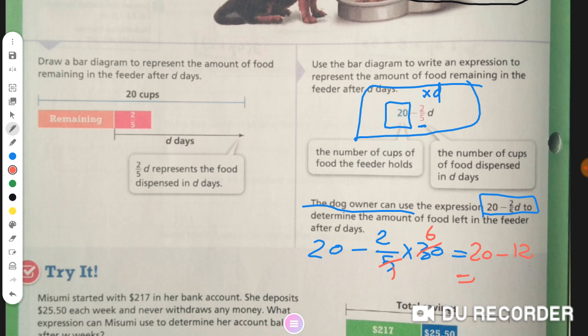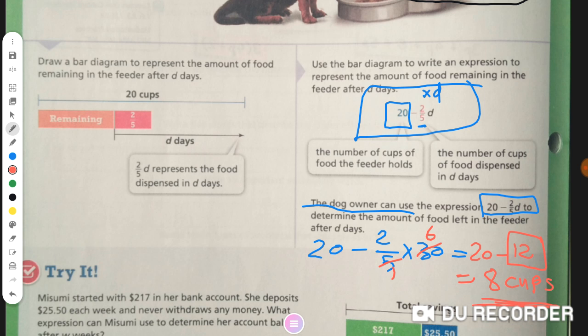So the remaining food is 20 minus 12, which the dog will eat in 30 days, it will be 8 cups. Yes, it's enough for him because I have a remaining amount. So if this man leaves home for 30 days, he has enough food for his dog and extra. He has 8 extra cups of food.